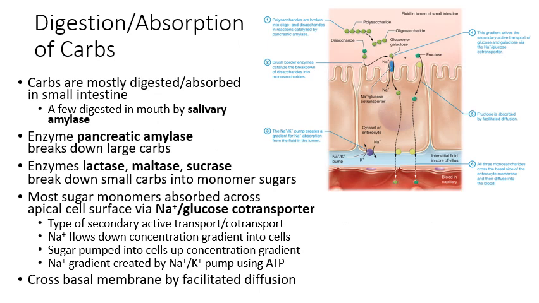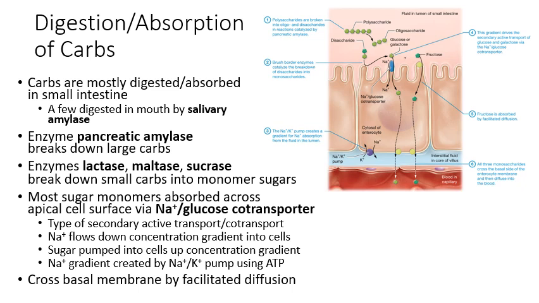So we'll start by going over the digestion and absorption of carbohydrates. Most of the digestion and absorption of carbs is occurring in the small intestine. Chemical digestion of carbs does actually begin in the mouth because in the saliva you have salivary amylase that breaks down large carbohydrates into smaller bits.